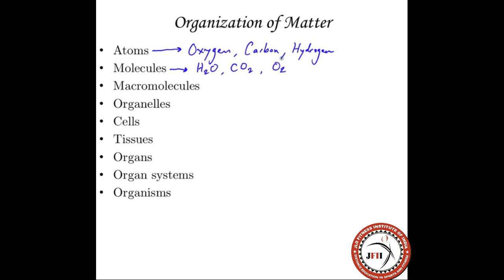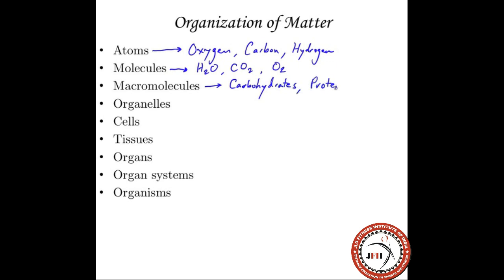If we take a lot more atoms and put them together, we're going to get what are called macromolecules. And macro means big. We're talking big molecules here. These are also known as typically organic compounds because they're carbon-based and have to do with life. Carbohydrates, also known as sugars.